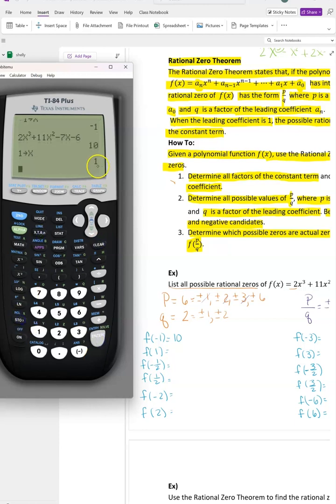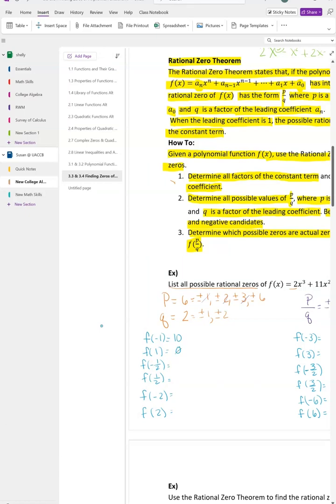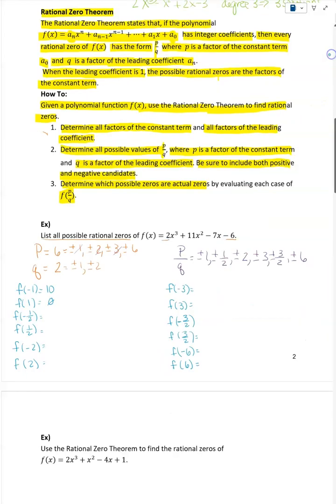Now 1 is in here, and if we go up and grab our function again and hit enter, we see that this gives us 0. So f of 1 is 0. Instead of grabbing my calculator for each one, I'm just going to write down what it is.